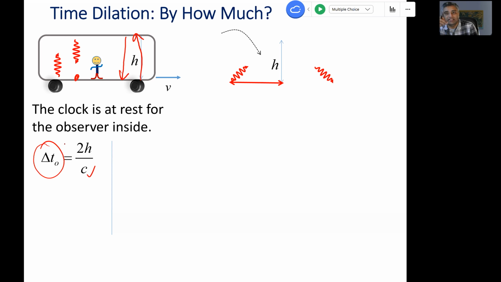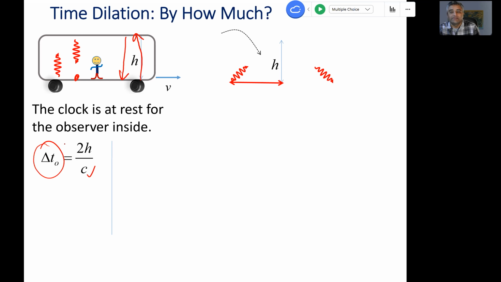Let's denote that by delta t 0. This time we call proper time. So the main problem in solving questions related to relativity and time is identifying which time is the proper time.